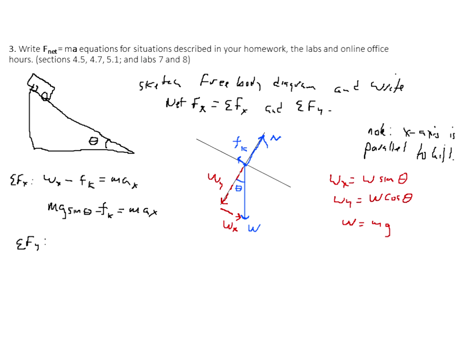Sum of the forces in the y direction, N minus Wy. And now this is going to equal 0 because there's no acceleration up out of the road or into the road. So the only acceleration is parallel to the road.